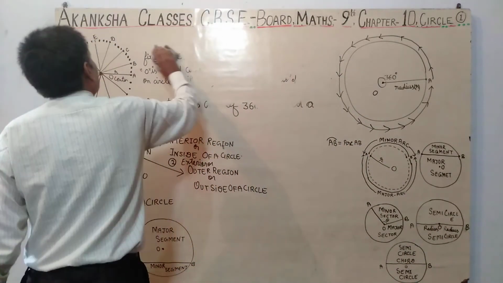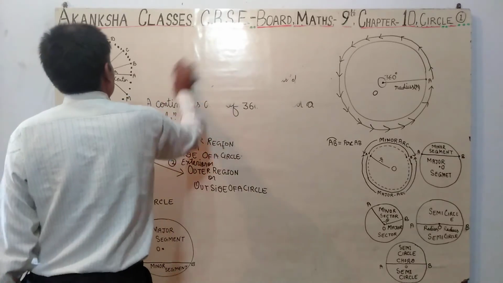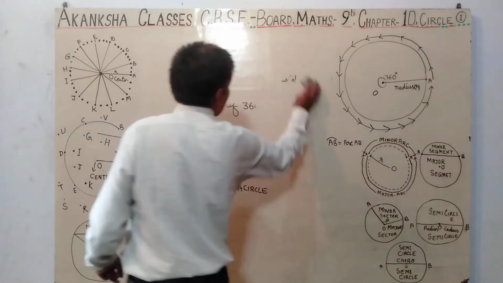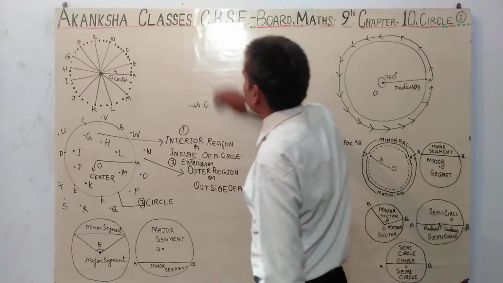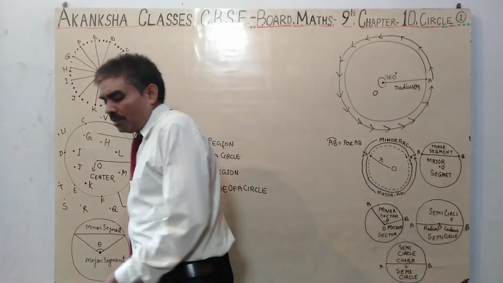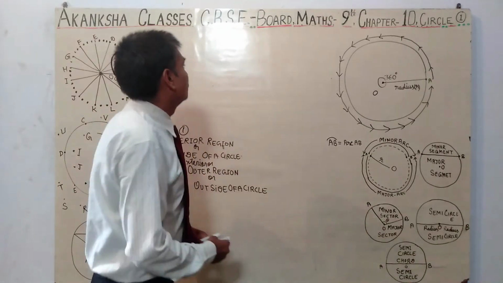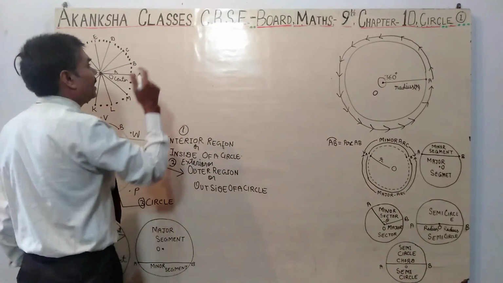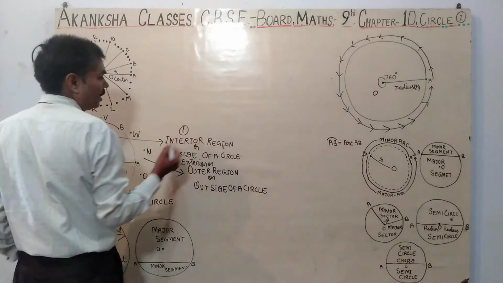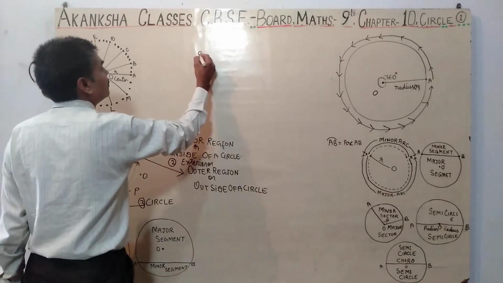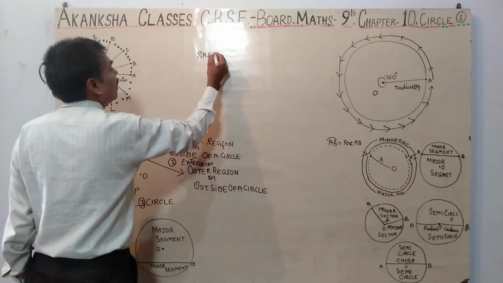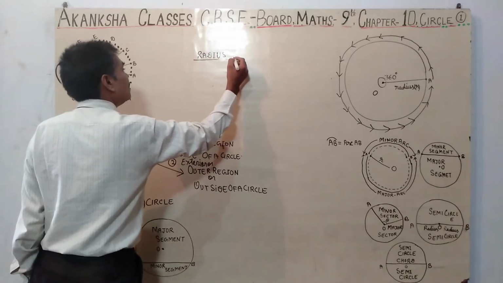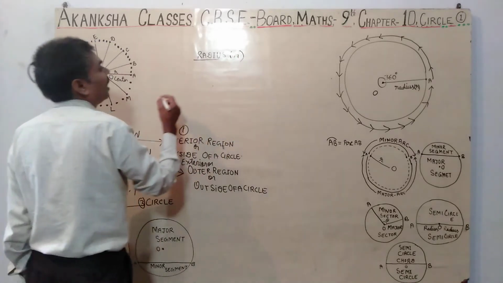And now we will define some new terms in a circle and try our best to know what we call them. Students, now we are going to define radius. Radius is always written by small r.